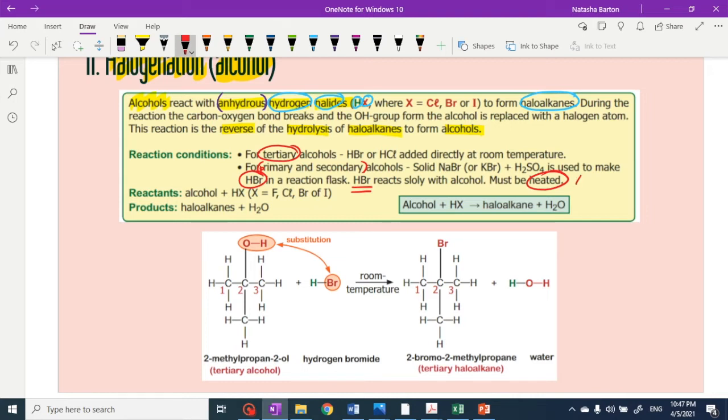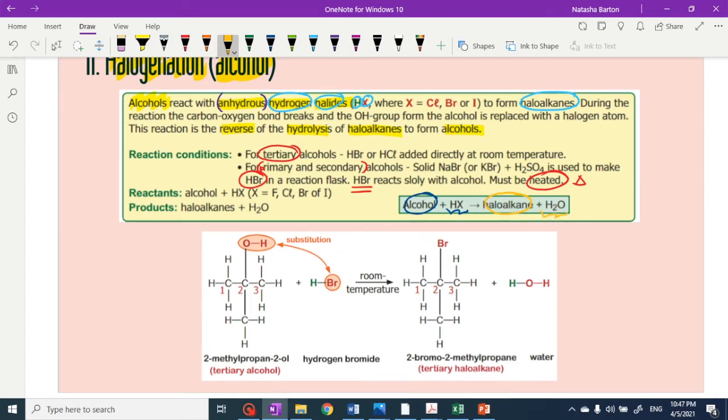And you now know that we show that with a triangle. In these reactions, you're going to see we start off with an alcohol and a hydrogen halide. They will react in the presence of heat, or if it's a tertiary alcohol, then there will not be heat, and they will form haloalkanes and water as a byproduct.